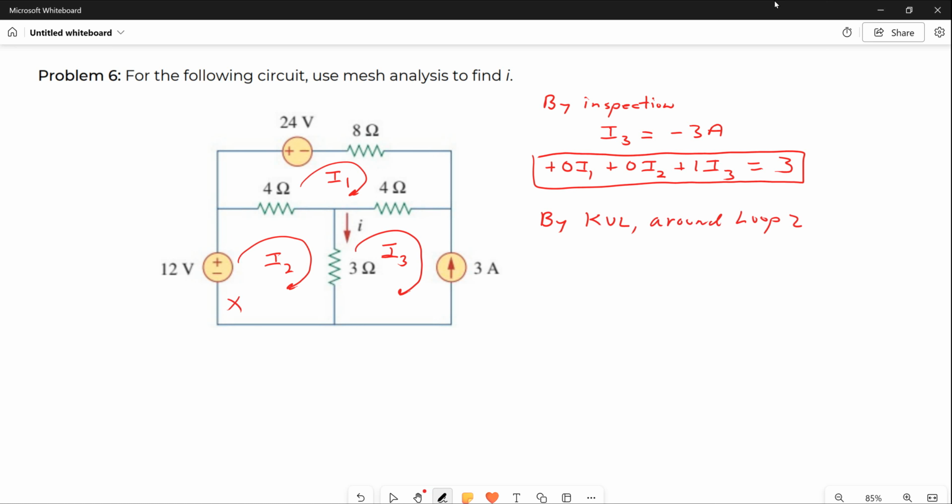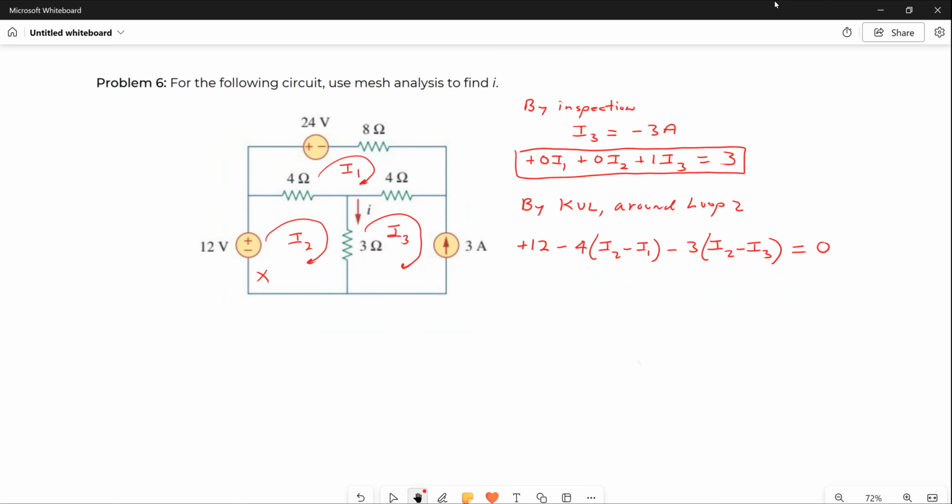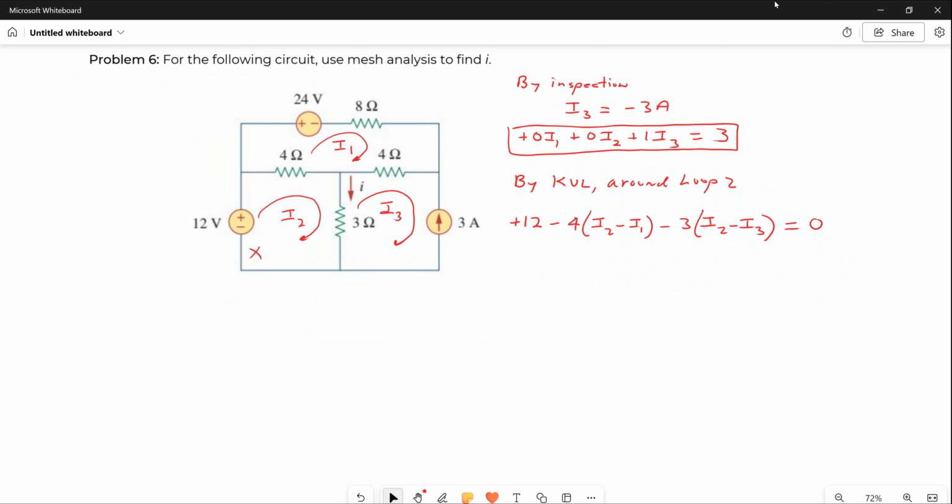See if you end up with this: plus 12, minus 4 times (I2 minus I1), minus 3, open parentheses, don't forget that, (I2 minus I3). You start out with I2 because you're in loop 2. Equals 0.